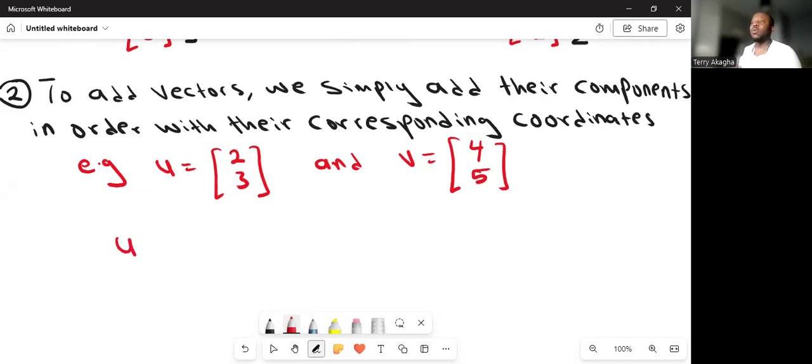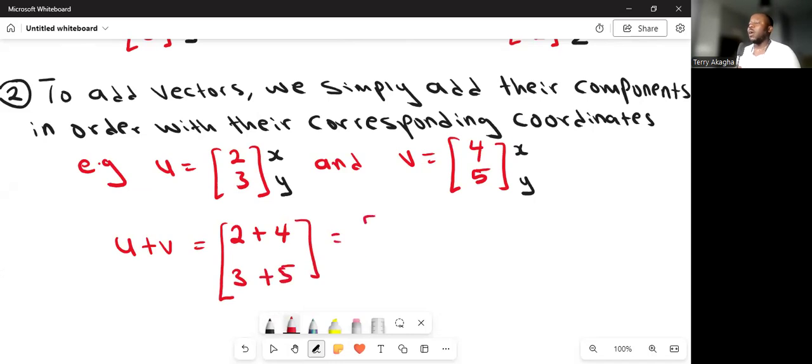So u plus v will be equal to, as I told you, 2 is the x and 3 is the y, and for v, 4 is the x and 5 is the y. It's the same thing we're going to do. We add the x's together, which gives us 2 plus 4, and 3 plus 5. When you add that together, it gives us 6 and 8.